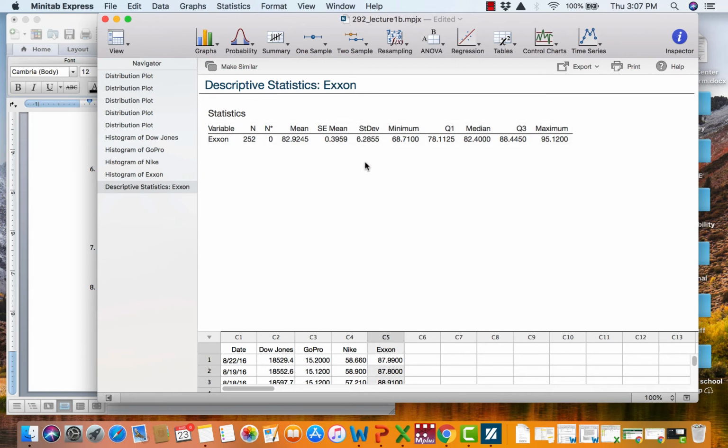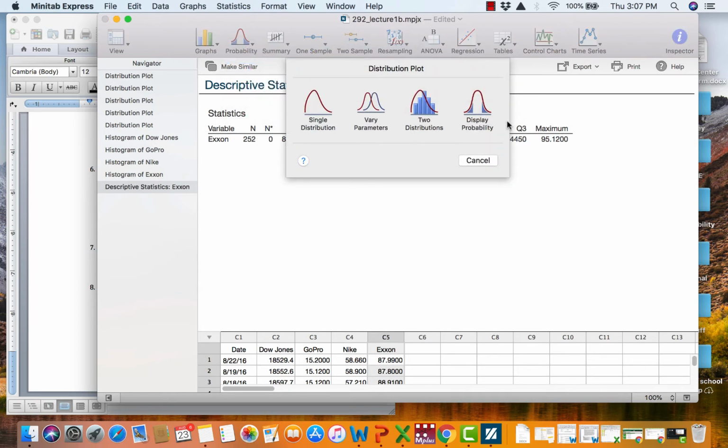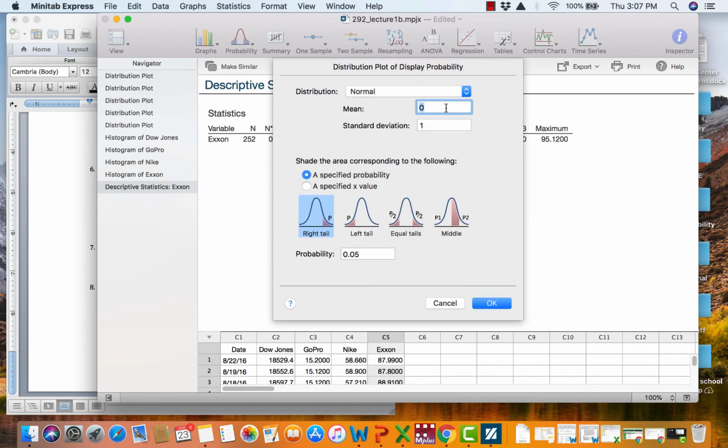All right, so I make a note to myself. I write down on my paper that my mean is 82.9245. My standard deviation is 6.2855. And now I go into probability distribution plot, display probability. I put that mean in, 82.9245.